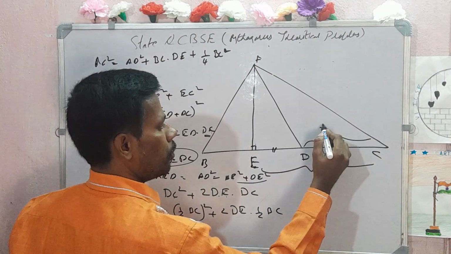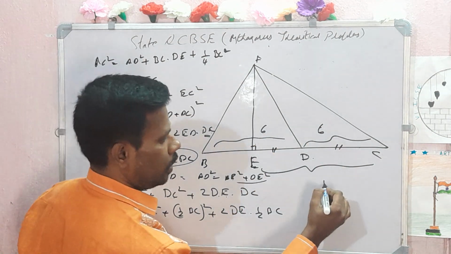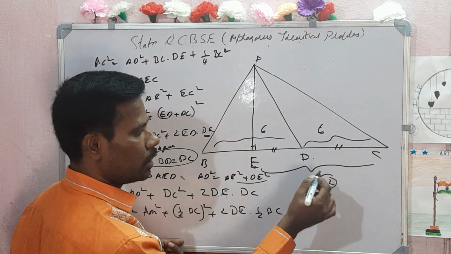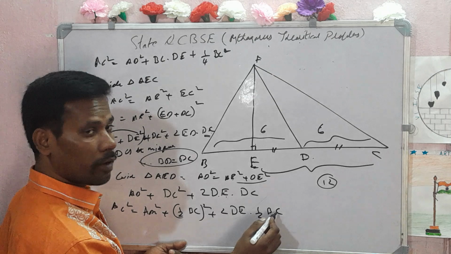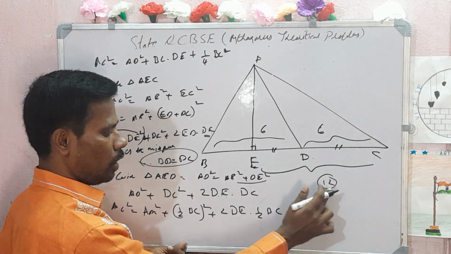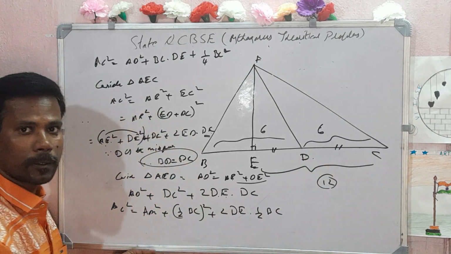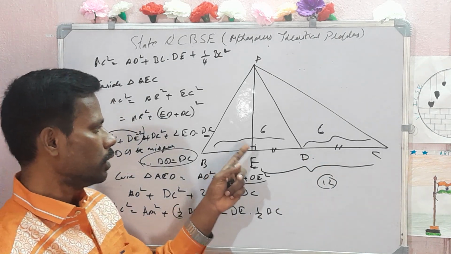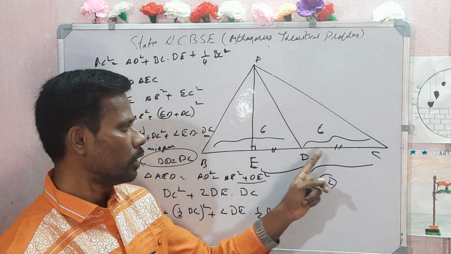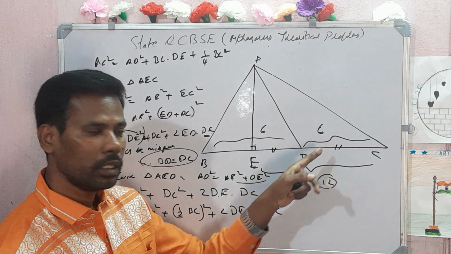Suppose this is 6 and this is 6, total length is what? 12. How will you get it? Half of BC. Just taking an example, BC length is 12. Half of BC is 6. So DC is 6, DB is 6, total length is 12.